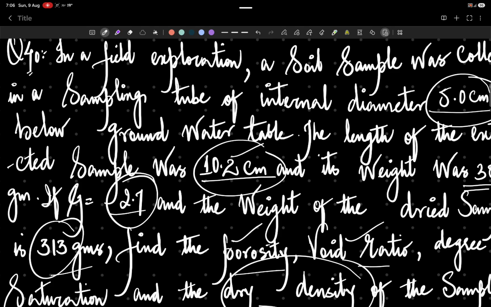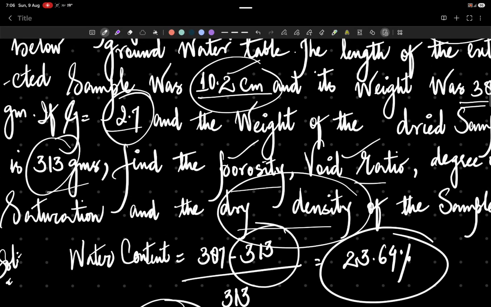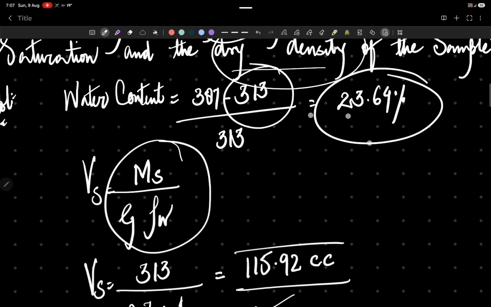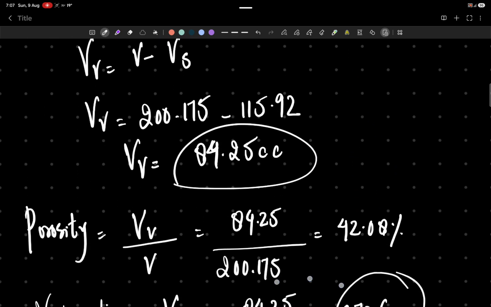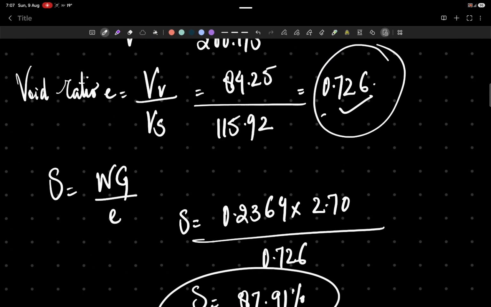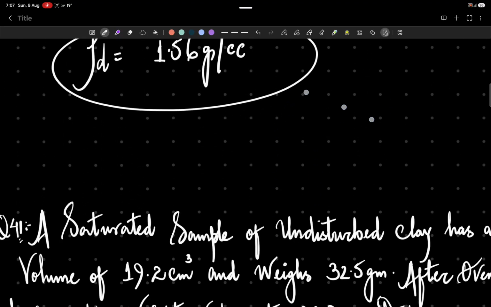So that's how we proceeded with the question, and we found everything the question asked us to find, like the porosity, void ratio, degree of saturation, and the dry density of the sample. That's how we solve questions like these, in which a sampling tube is used during the field exploration test. All right, moving on to the next one.